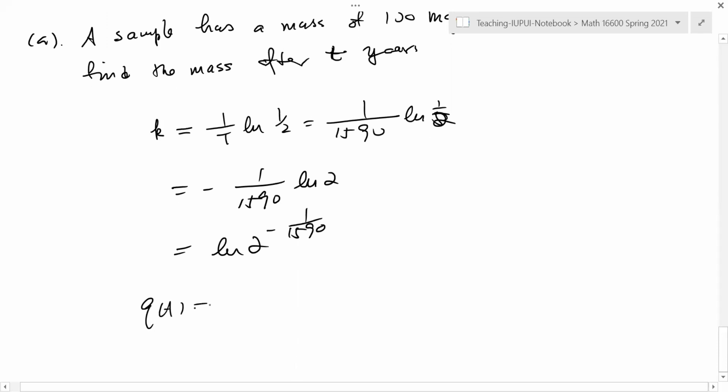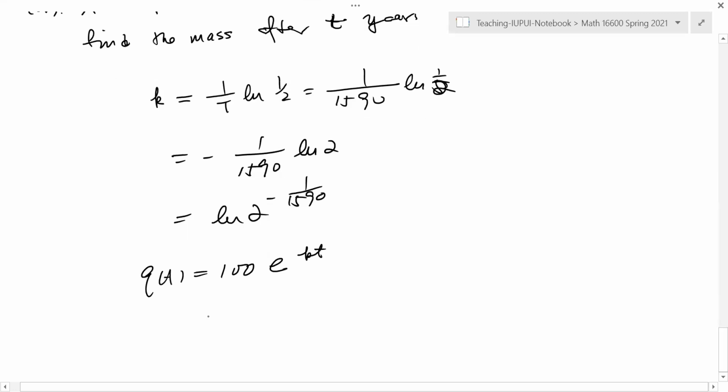So the formula, remember, is the initial quantity, e to the kt, right? I already know the k. I use this one so I can get e to the k. K is this number, right? K times t, t times k. So natural log of 2 to the negative 1/1590.